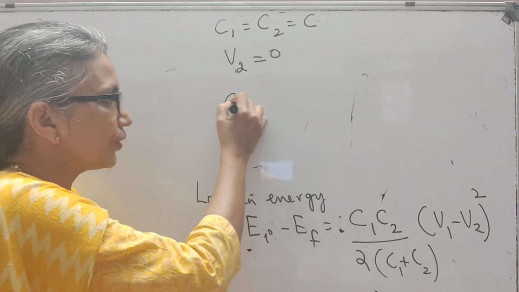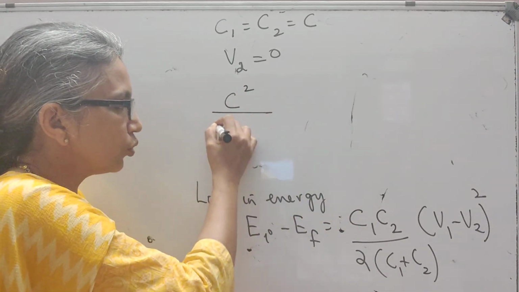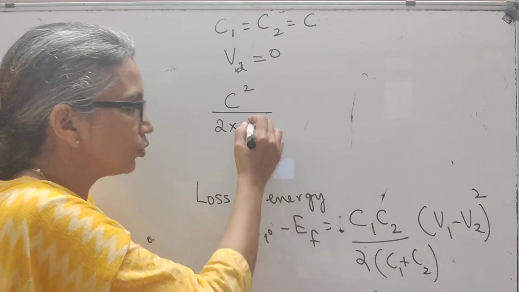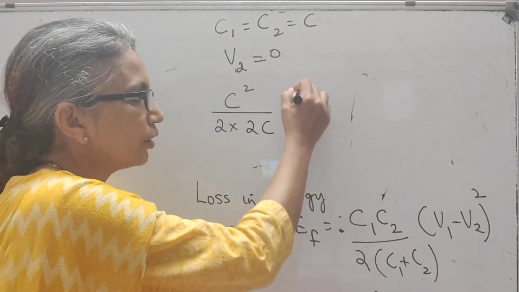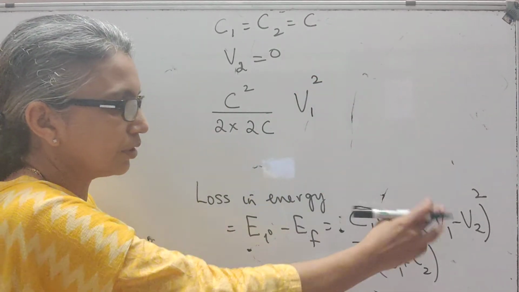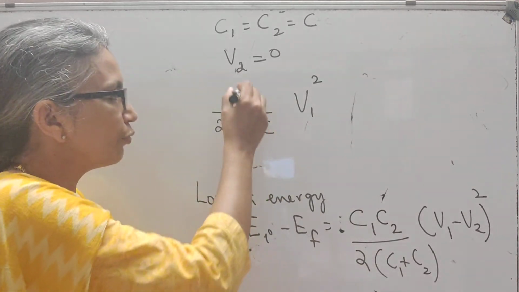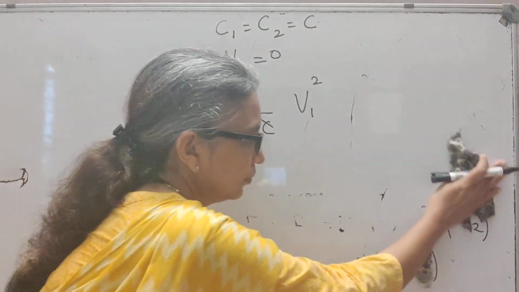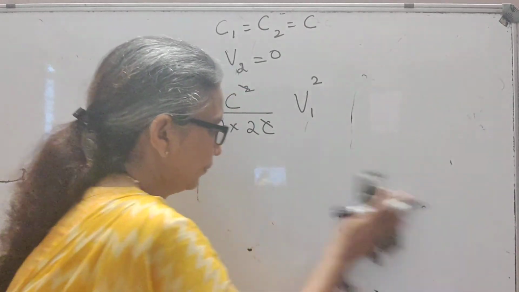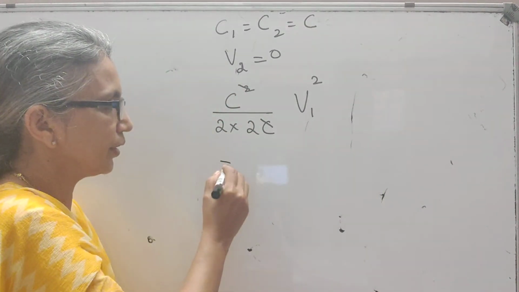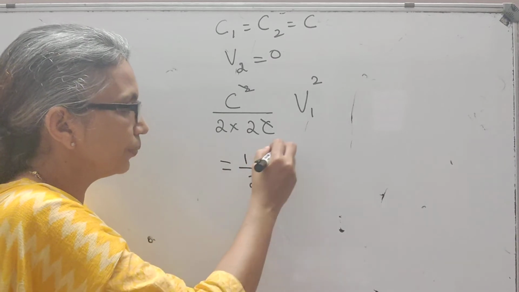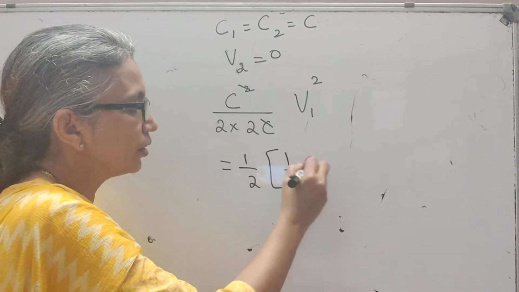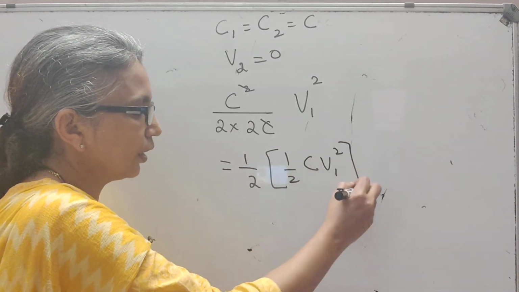C1 C2 will become C square by 2 into (C1 plus C2), which will become 2C. And here you just have V1 square because V2 is 0. If I cancel this, I may write this as half into half C V1 square.